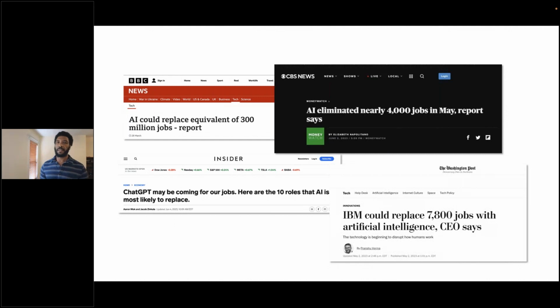But it seems that we are already feeling some of the effects of the availability of these types of technologies. There are reports that AI eliminated around 4,000 jobs in the May report. IBM says that it is considering replacing almost 8,000 jobs with AI, and so this is quite concerning.